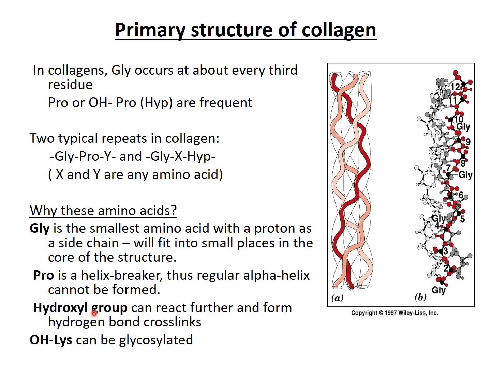Placing hydroxyl groups on proline and lysine is important because hydroxyl groups can bond to each other through hydrogen bonds and to other amino acids, and this stabilizes the triple helix. And hydroxylysine can also accept glycosyl groups, which will decorate the surface of the triple helix, and it gives the extracellular matrix the opportunity to bind to additional molecules to make the matrix strong.